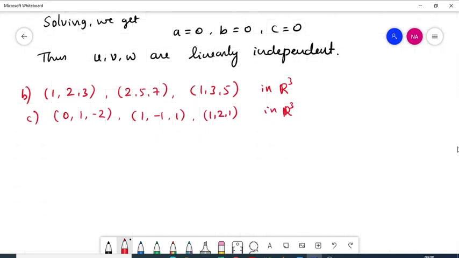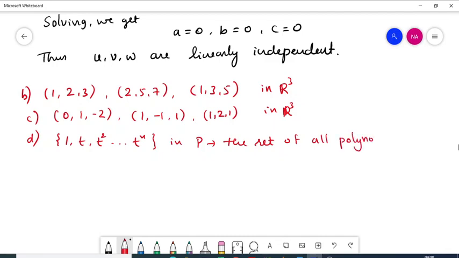Okay, last one. This is a typical one: 1, t, t square, and so on, t power n in P, the set of all polynomials of degree n greater than 0. So you need to consider a linear combination.